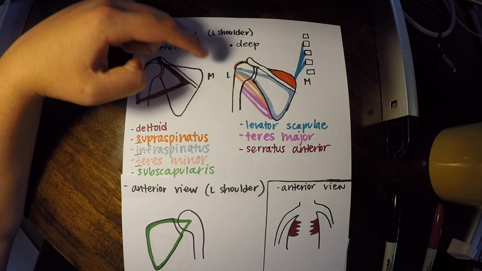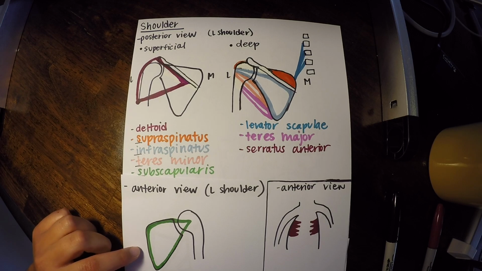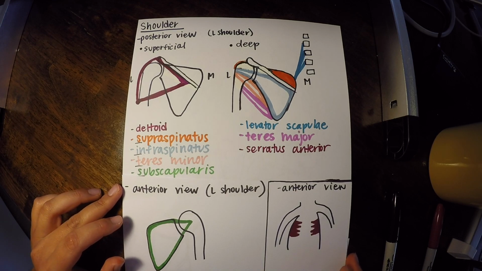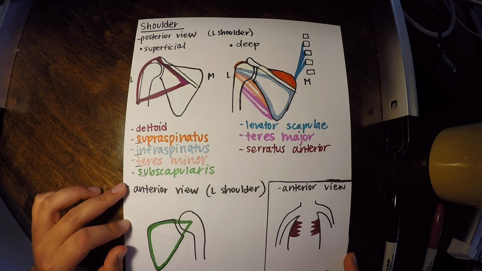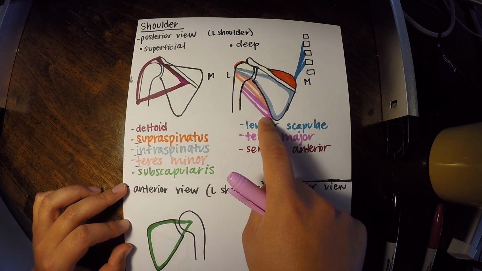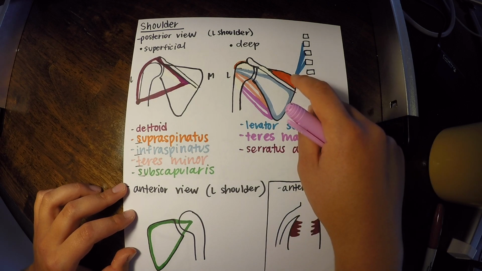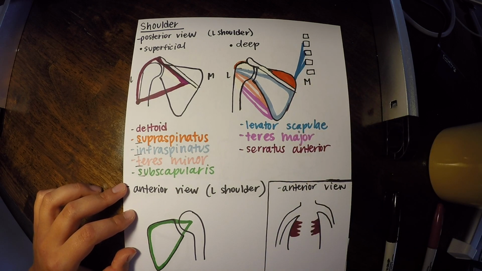We have our subscapularis, which is down here in green, and that internally rotates the shoulder. And then we have our teres major up here that does the same thing. It also internally rotates the shoulder. And then lastly, we have the serratus anterior and the levator scapulae, both of which just move the scapula.